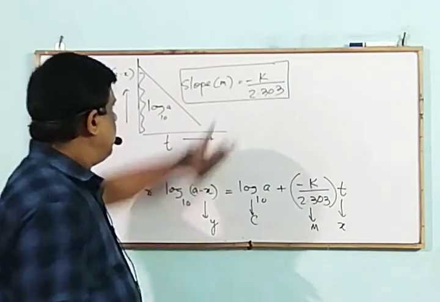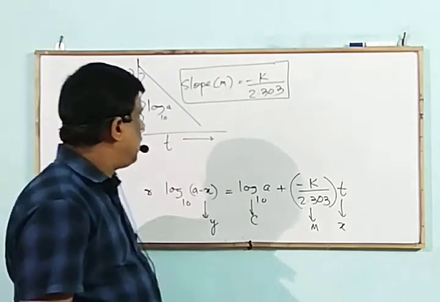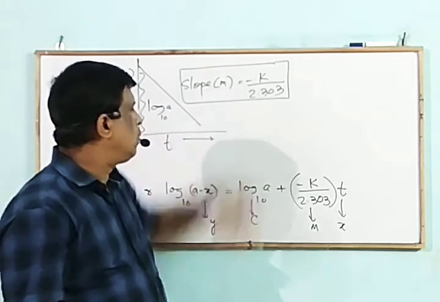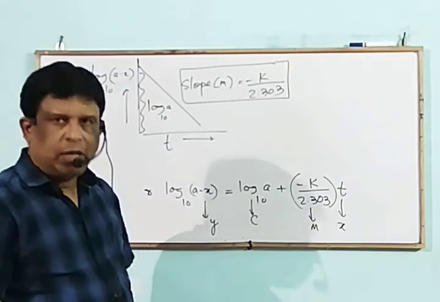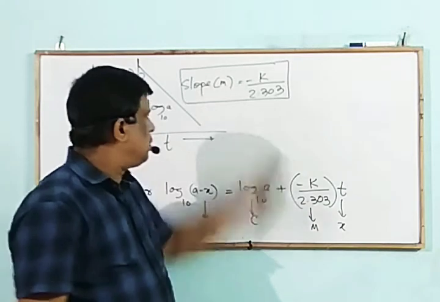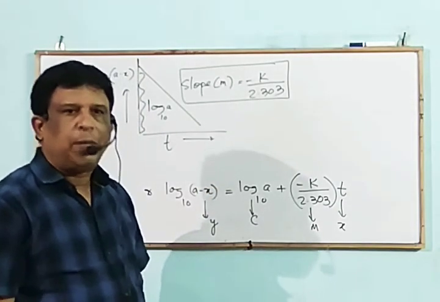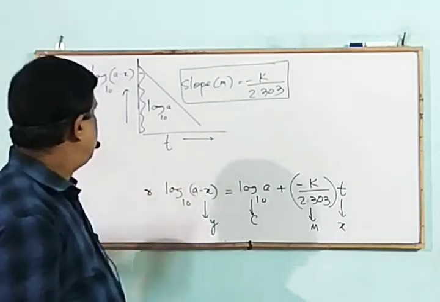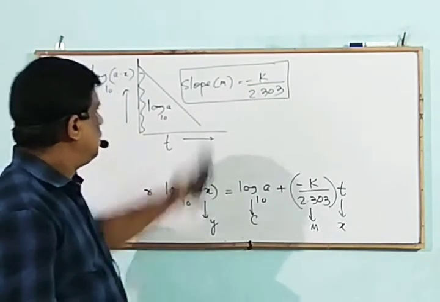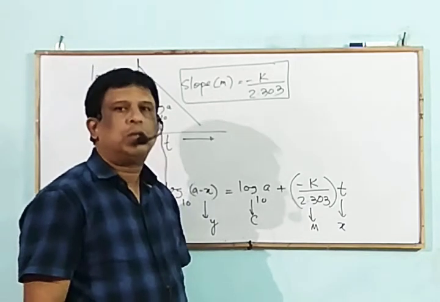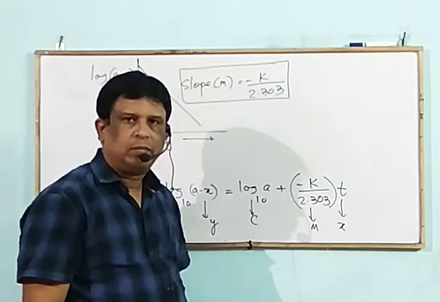That means from this expression it is clear that if the slope of a line is given, then we can calculate the rate constant or velocity constant simply by multiplying this one. It is a graphical representation for calculating the rate constant and also the slope for first order kinetics.